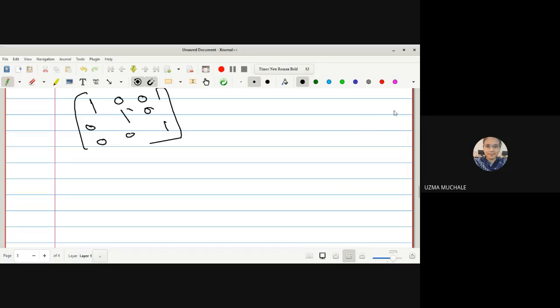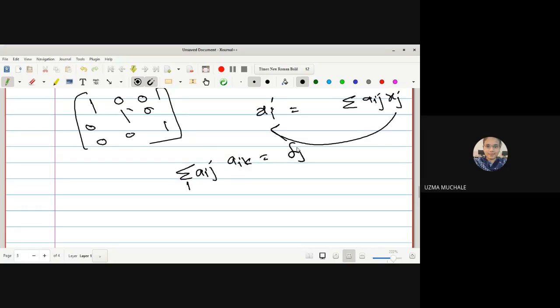So this we can write as an orthogonal transformation from x to x dash. The transformation x to x dash, I can write as this one, and this satisfies the orthogonality condition. What is the orthogonality condition? Summation over i aij aik is equal to delta jk.